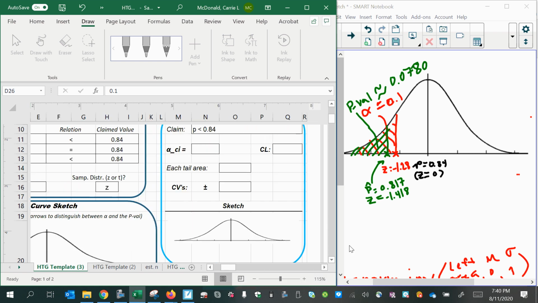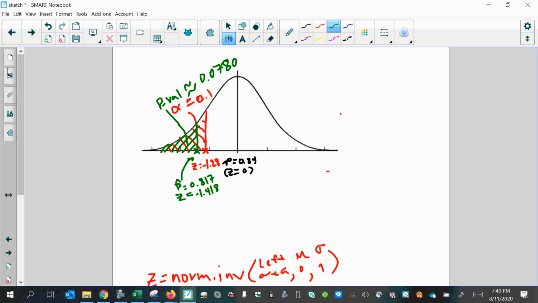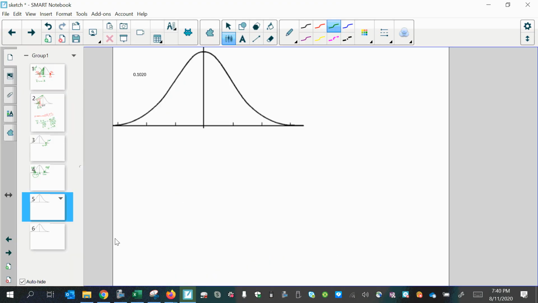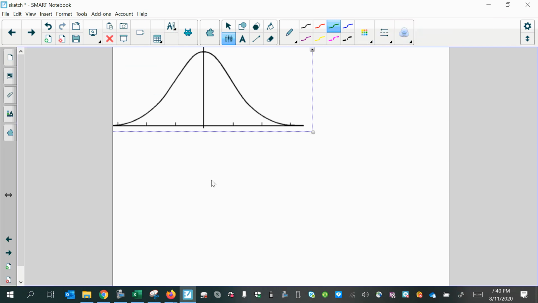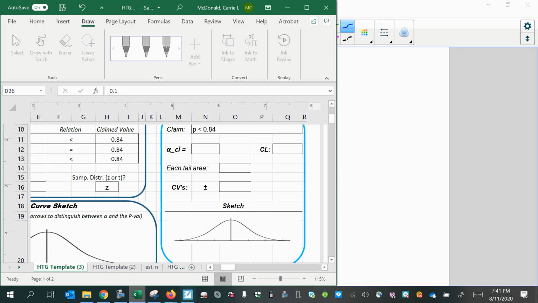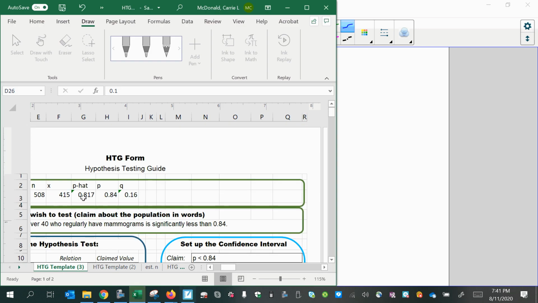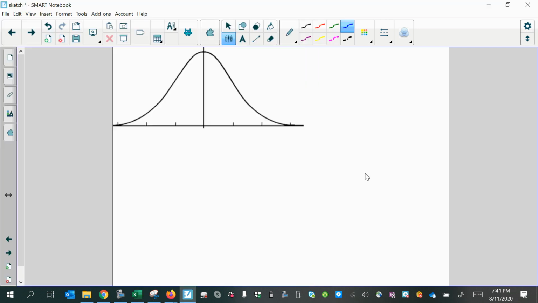And the reason they have two tails is because, let's see if I can explain this without taking up too much time. With the confidence interval, we have this claimed proportion, and we're looking at that claim, or no, I meant to say our sample proportion of 0.817.